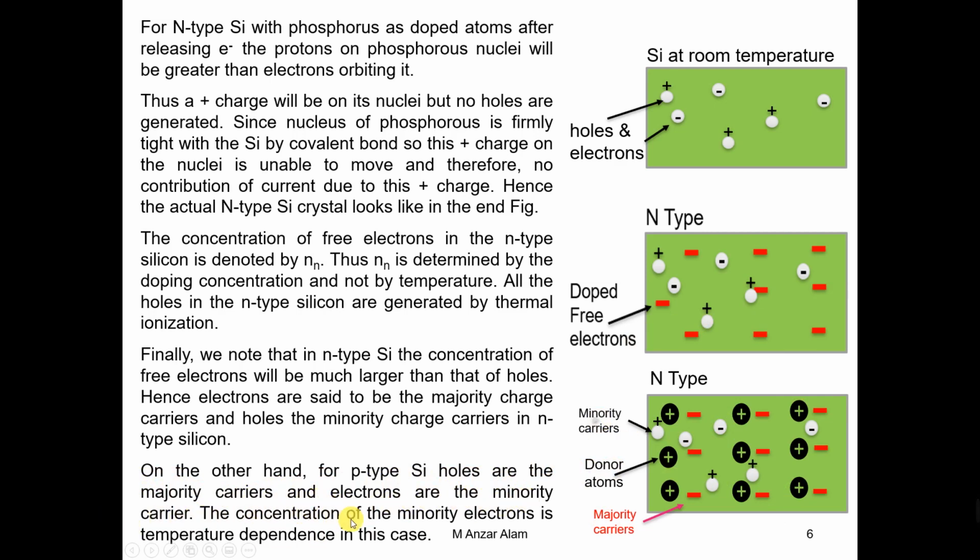In n-type, the concentration of the minority carrier is temperature dependent, and for p-type, the concentration of the minority carriers, which are electrons, is also dependent on temperature. Hope you understand this.